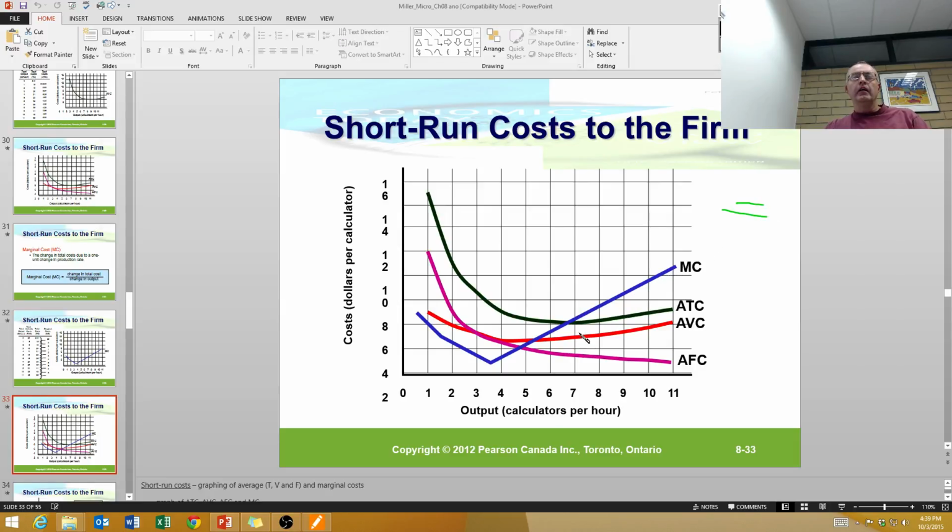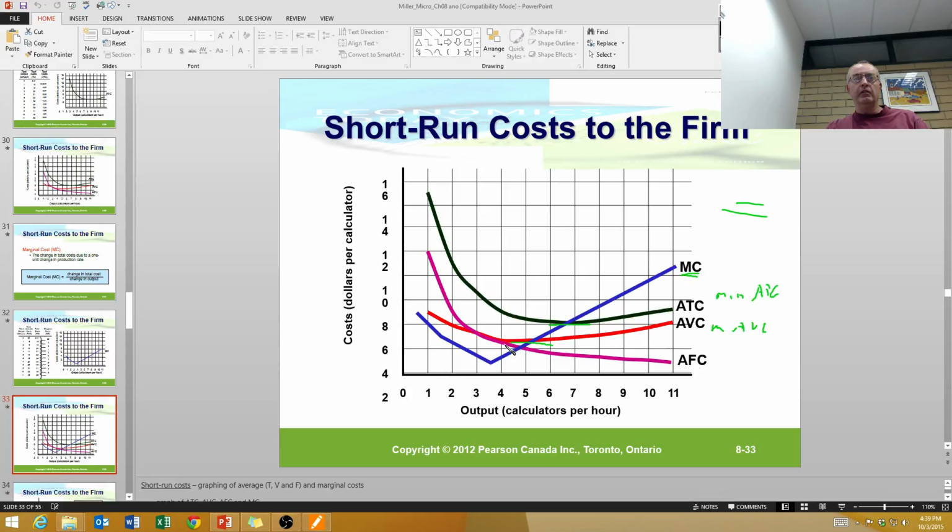But the marginal cost curve intersects the average total cost curve at the minimum average total cost, and the marginal cost curve intersects the average variable cost curve at the minimum average variable cost.